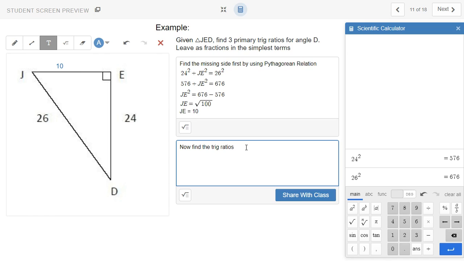Okay, so let's find the trig ratios now. I'll write down the memory trick. We have SOH, CAH, and TOA. And we want to find this for angle D. So that means angle D is our working angle.